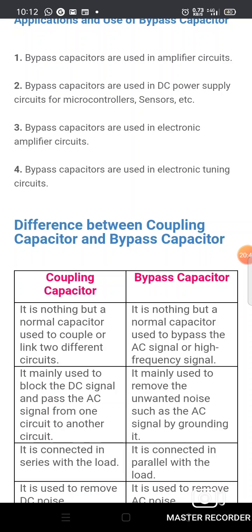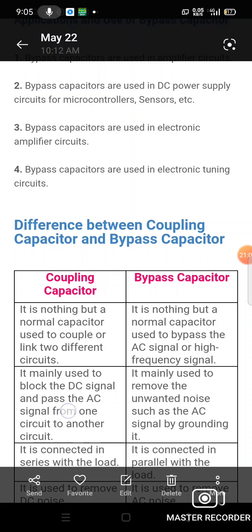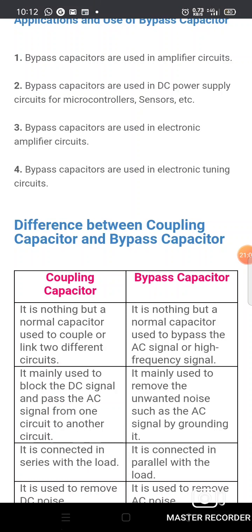As I already said, at the output terminal, coupling capacitor C2 in the amplifier circuit is connected in series with the load resistor.